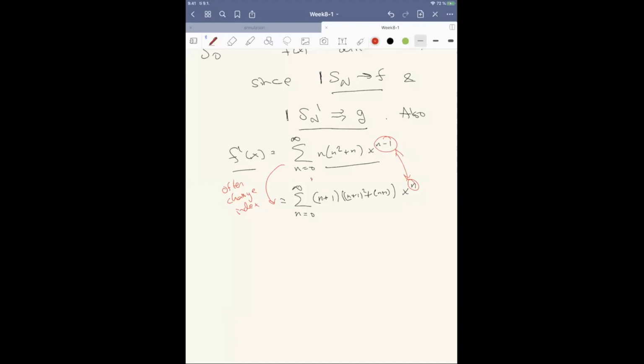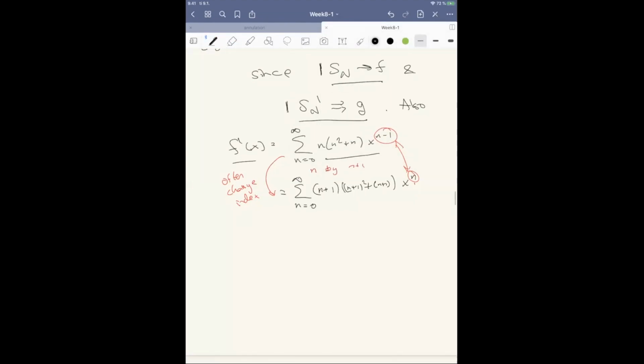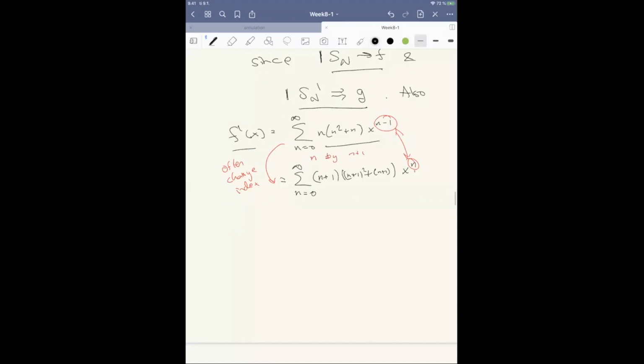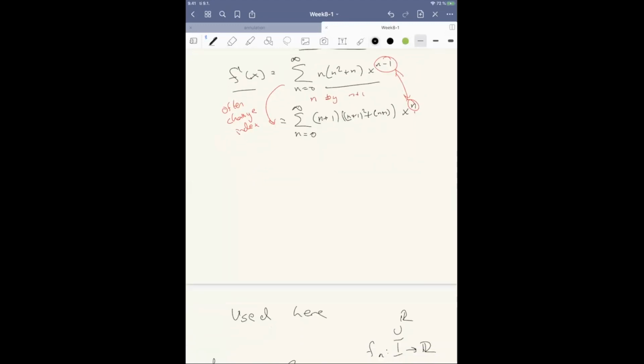We replace n by n plus 1 to get x to the n there, and that replaces the coefficient by n plus 1. Technically, this shifting would make the index go to minus 1, but because when n equals 0 you get a 0 coefficient, you don't have to take that into account.